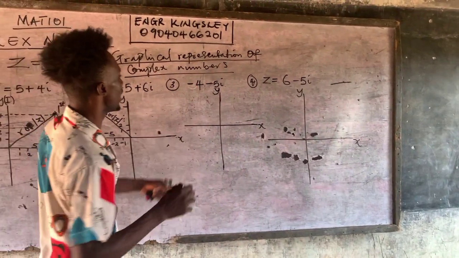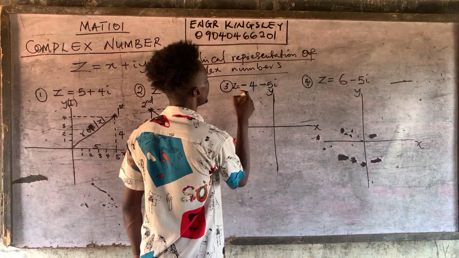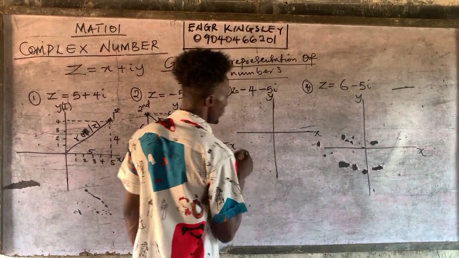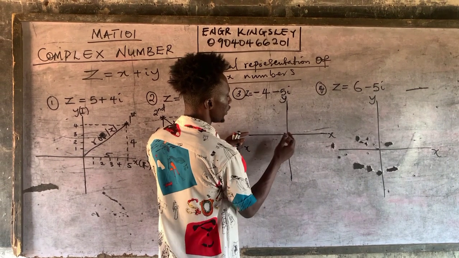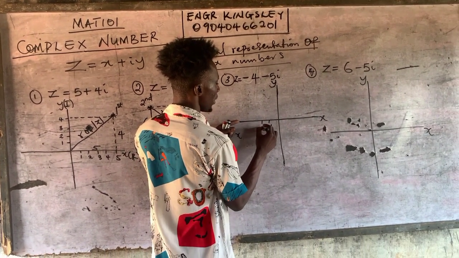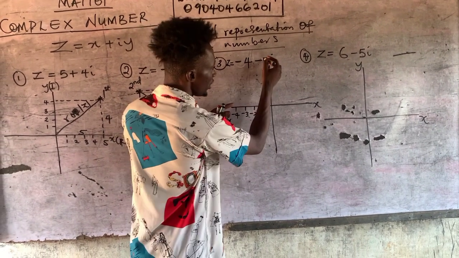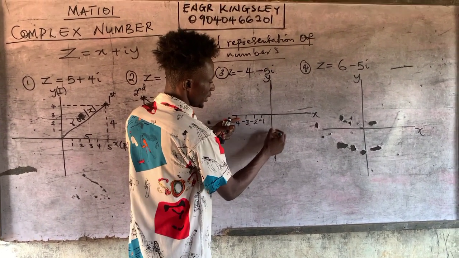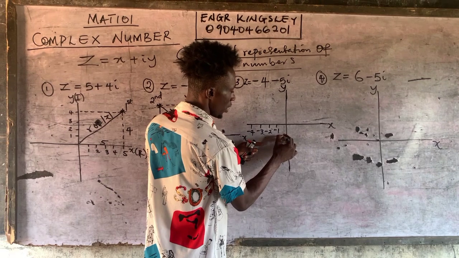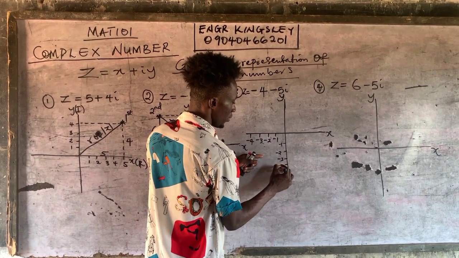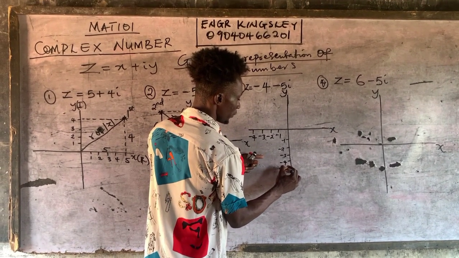Okay, if you have z equal to minus 4 minus 5i, all of them are negative. You'll have minus 4 in the real, with minus 1, minus 2, minus 3, minus 4. Then minus 5 in the imaginary, which is in y, the negative y-axis, minus 1, minus 2, minus 3, minus 4, minus 5.